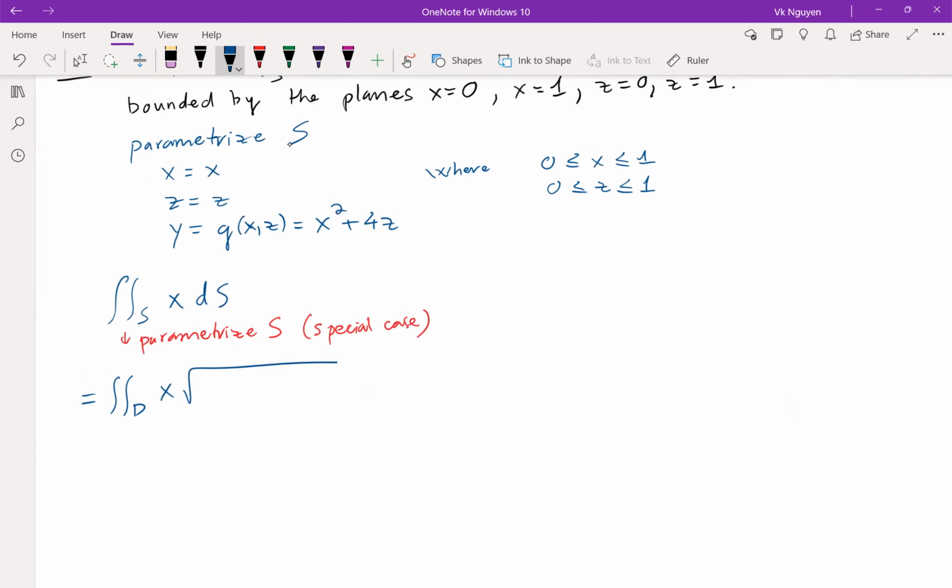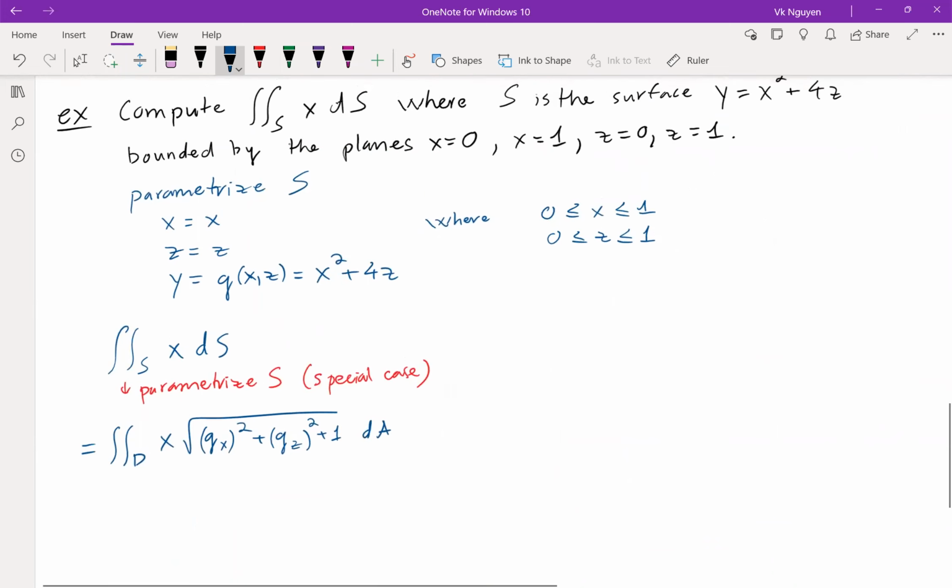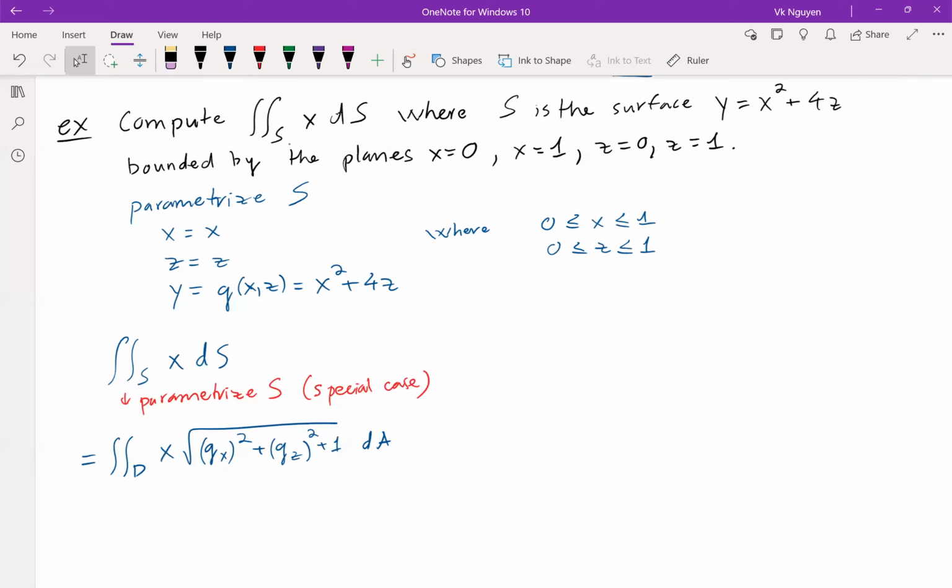It's going to be the square root of gx squared plus gz squared plus 1 dA. Everybody okay, right? Just a little twist there to the special case.